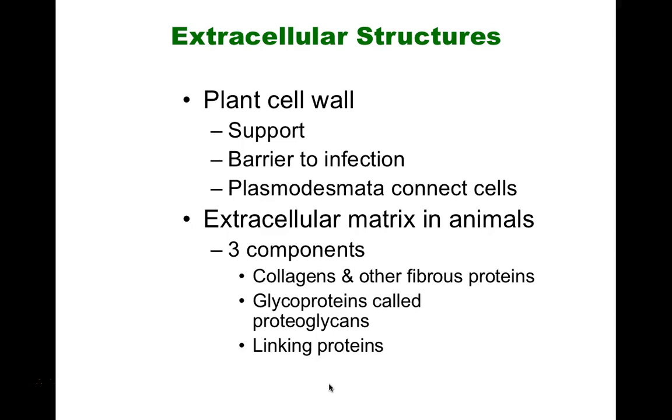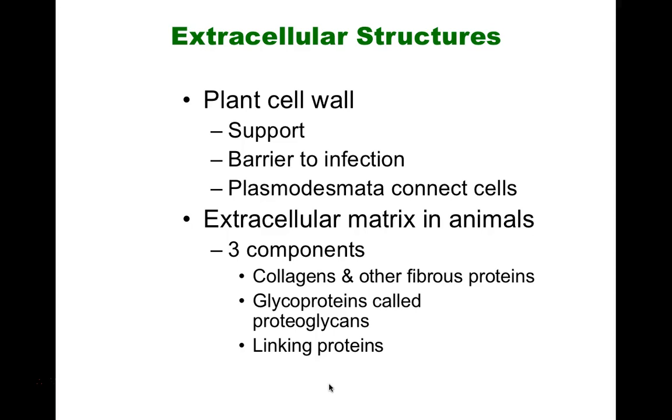It also prevents desiccation or drying. It provides a barrier or protection from microorganisms that could infect a plant cell. And there are special openings or connections from one plant cell to another, called plasmodesmata, that can be found in the cell wall of one plant cell to the next.